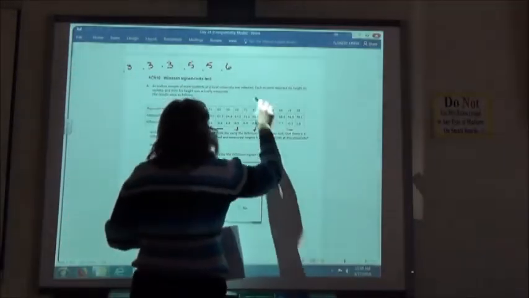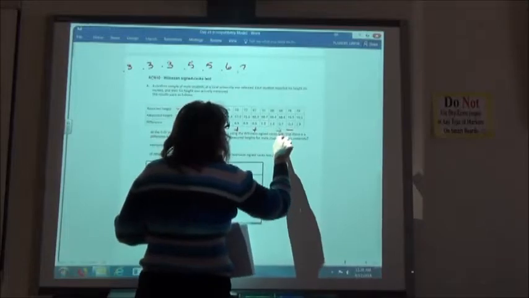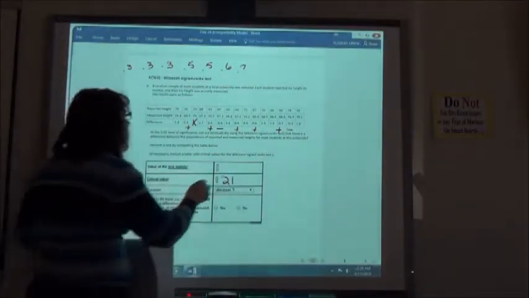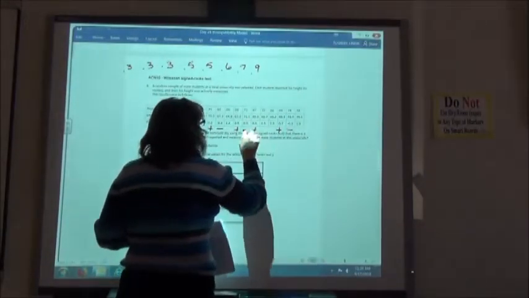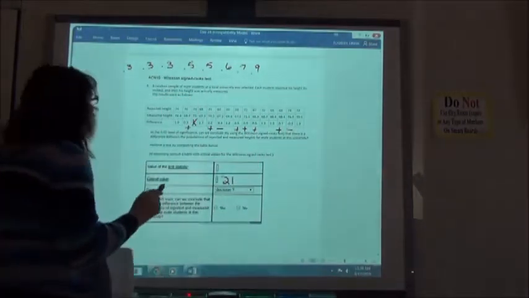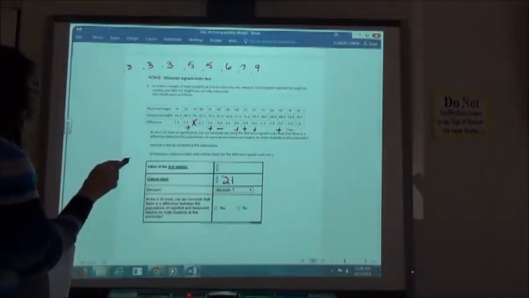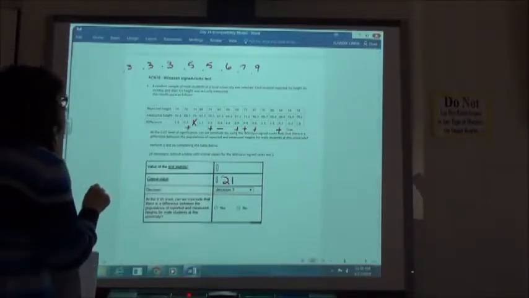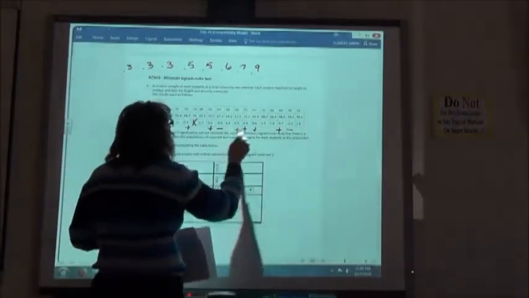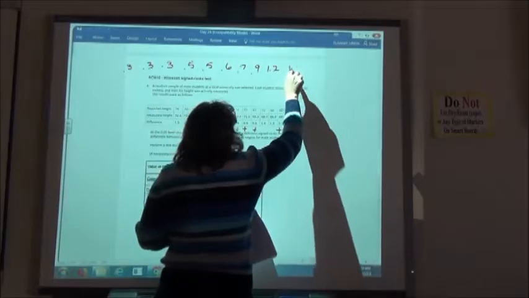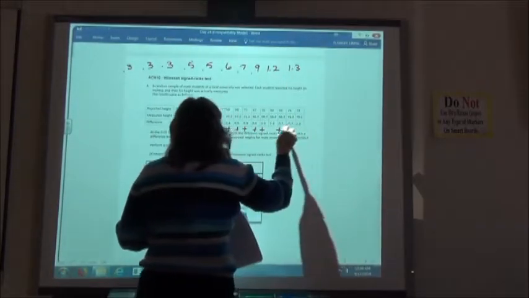0.7, I have a 0.7, which is positive. No 0.8, so now I'm going to go to 0.9. 0.9 is positive. And then I don't have any 1s. My next number looks like a 1.2, which is positive. I have a 1.3, which is positive.